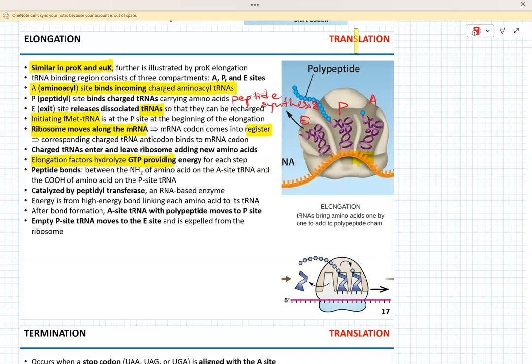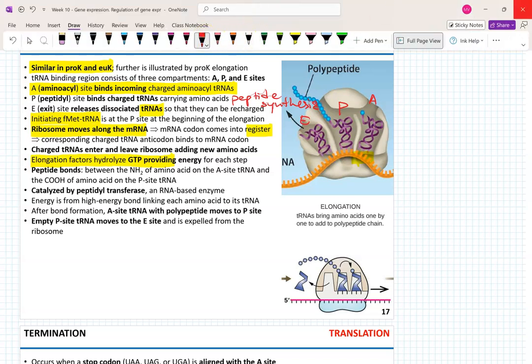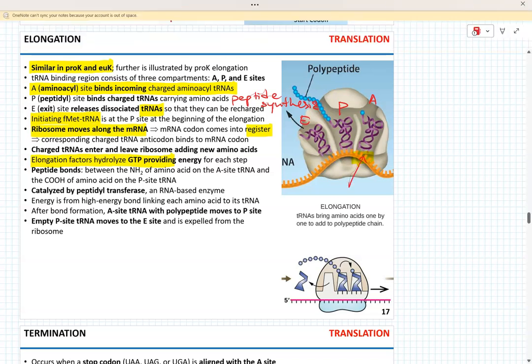Now, let's take a look at this process a little closer. In the A site, on the illustration to the right, you can see the charged tRNA. In the P site, you can see the charged tRNA with an entire polypeptide attached to it.